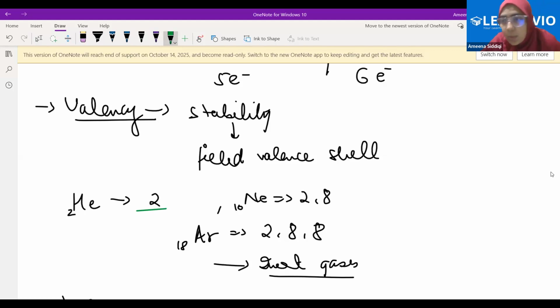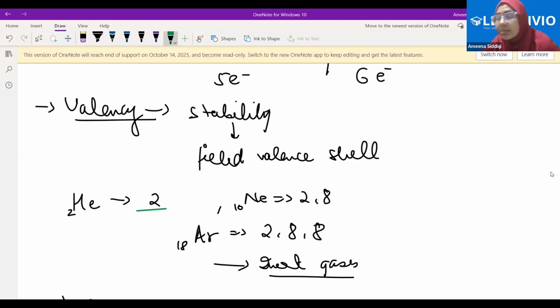Let's come to the next element with a fully filled valence shell. That is neon with atomic number 10. Which shell is the valence shell here? The second shell. And what is the number of valence electrons here? 8. And is that the maximum capacity?